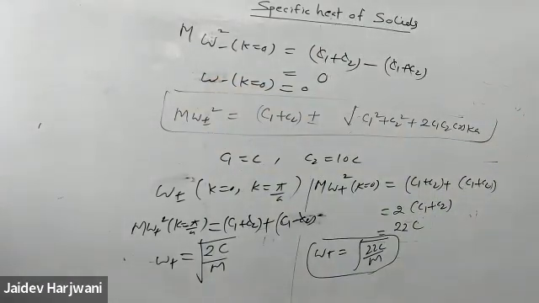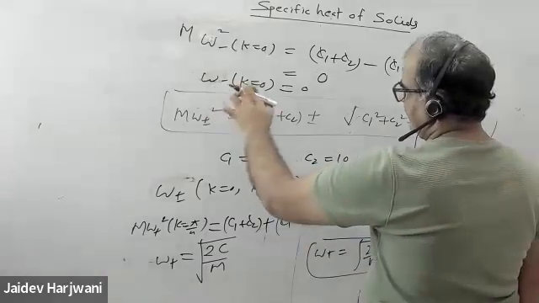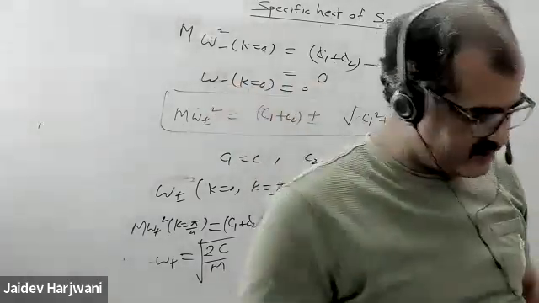Are you getting this value? Yes, sir. Okay. Now calculate omega minus at k equal to pi by a, and let me know the value.